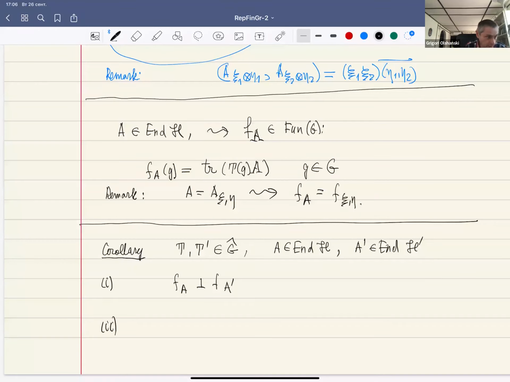And the second claim is as follows. Assume T and T prime are equivalent, but then we can assume that they are just the same.